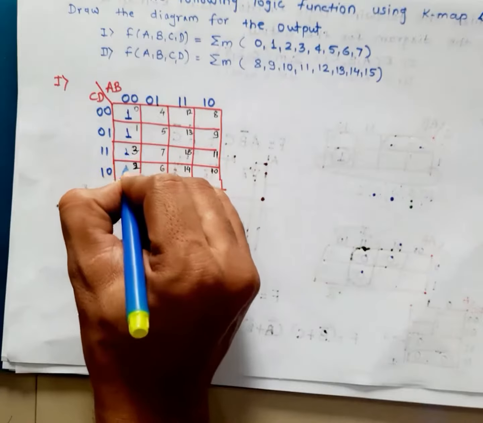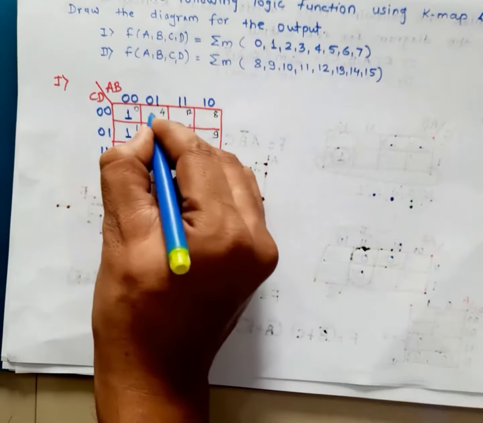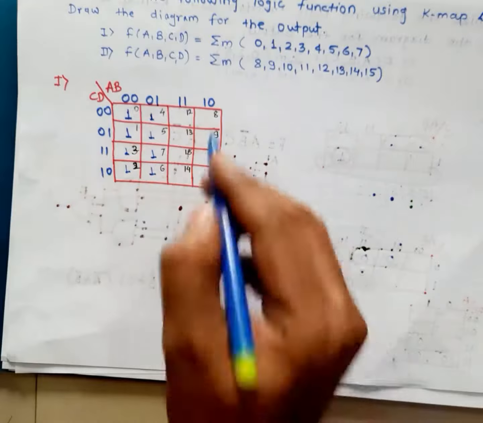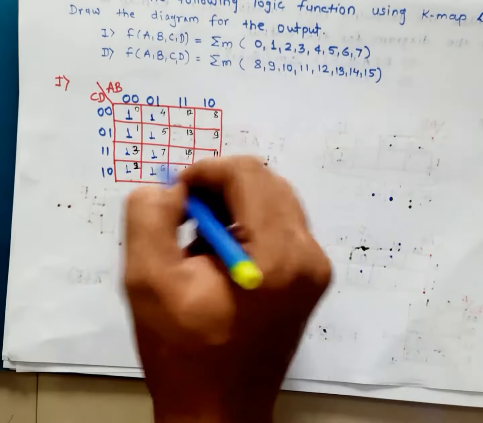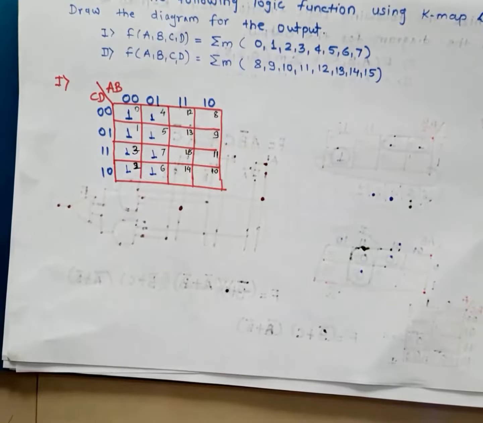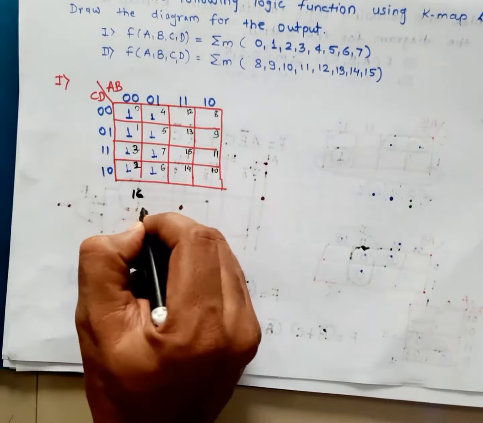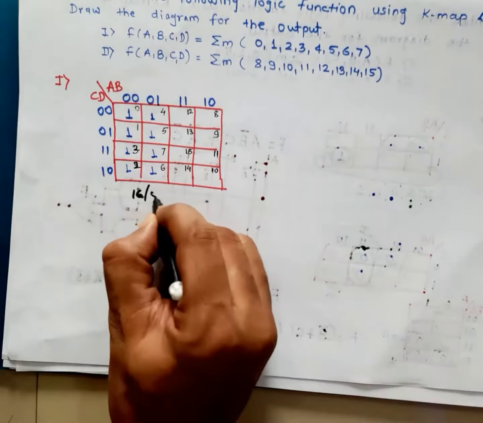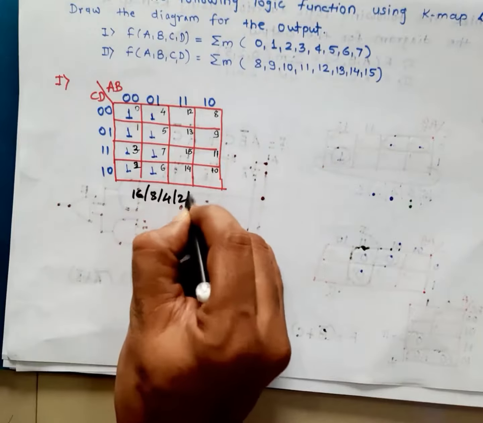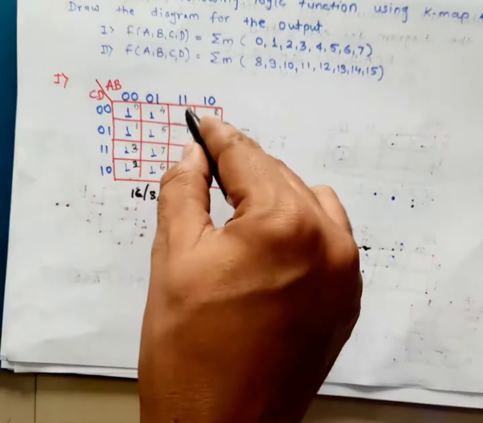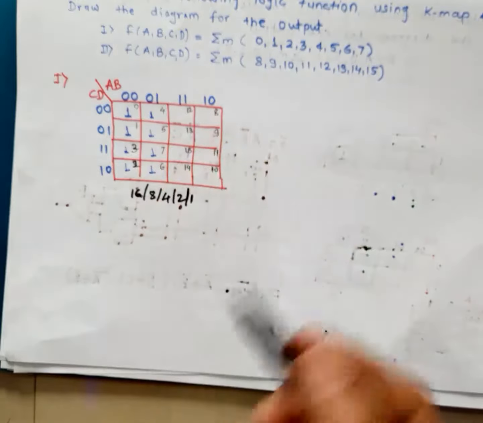Then 4, 5, 6 and 7. So 8 cells contain the high values. Now next we need to make a group. So try for the maximum cells. Is it possible to make a group of 16 cells? No, because only 8 cells have high values.